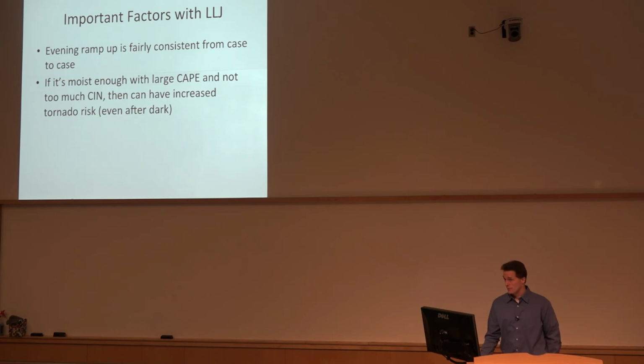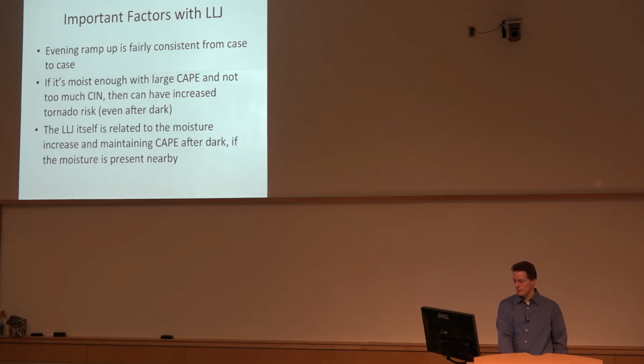If it's moist enough, you have sufficient buoyancy and not too much inhibition, you can actually get an increase in the tornado risk after dark because not only can warm advection increase, but you also increase the vertical shear dramatically in the low levels. And of course, the low-level jet itself is related to the moisture transport. So you can actually bring the moisture into a previously deep mixed environment that doesn't have much convective inhibition, and it's easy to initiate storms.